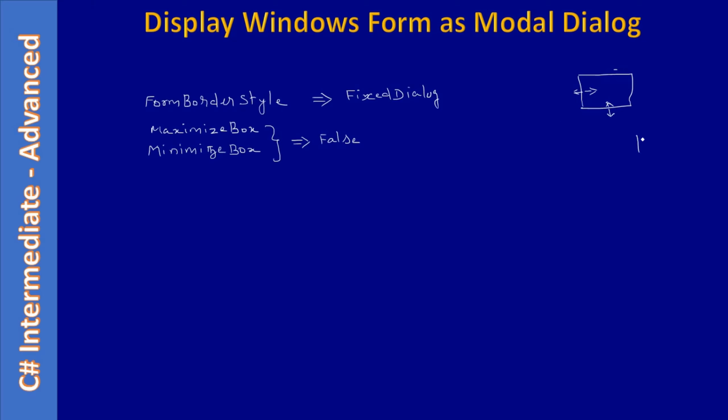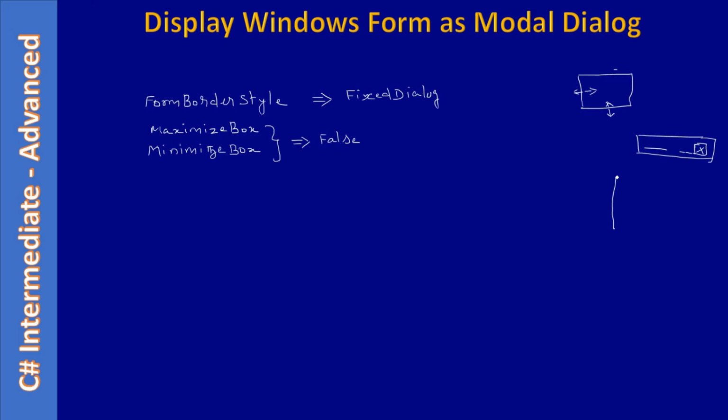So once you do so, then you will see only this button in the dialog title part. So here there will be a title. On the right side you will only see this button, and you won't see the minimize and maximize.